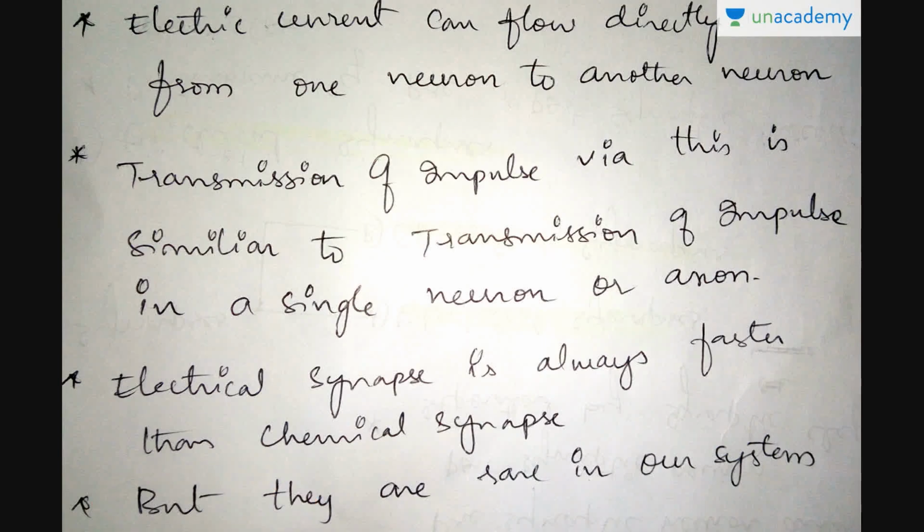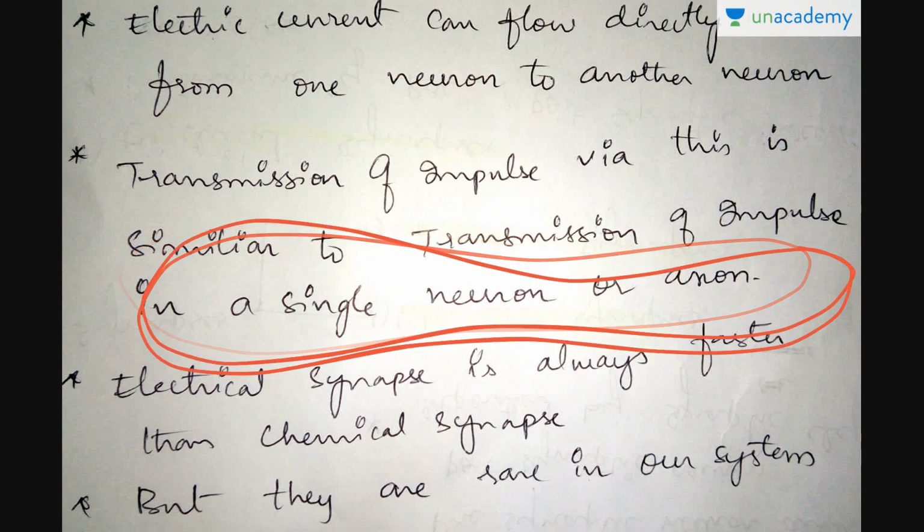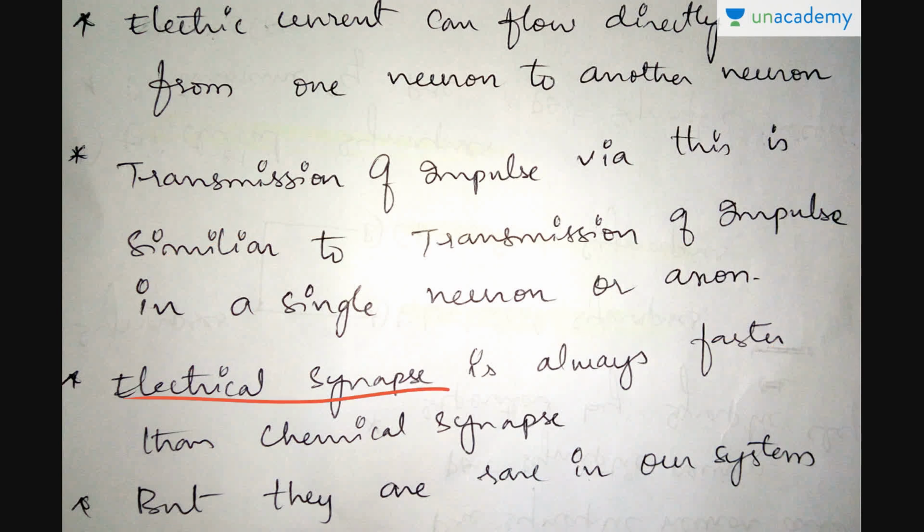Due to this, electric current can flow directly from one neuron to another. So the transmission of impulses is easy and similar to transmission within a single neuron or axon. Therefore, electrical synapses are always faster than chemical synapses, but they are rare in our system.